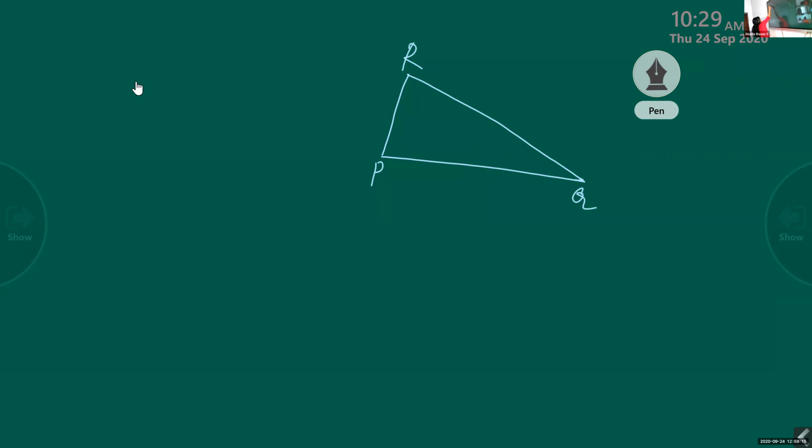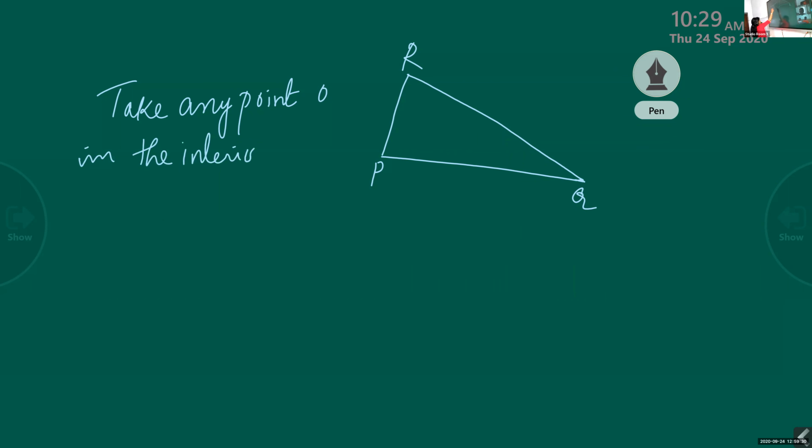Take any point O in the interior of a triangle PQR.